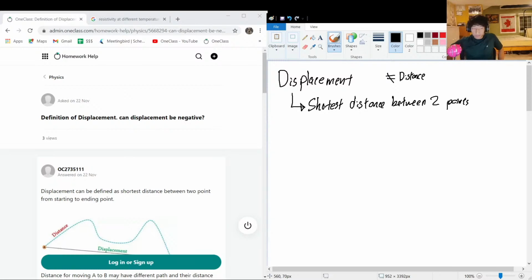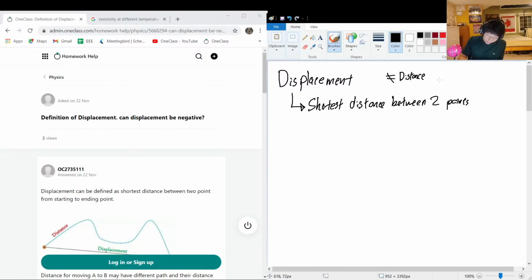My distance to the basement is going to be different than my displacement. My displacement pierces through the ground, through the ceilings. Displacement is straight down to the basement, but my distance is the path through my house to get to my basement. So that's the main difference between displacement and distance.